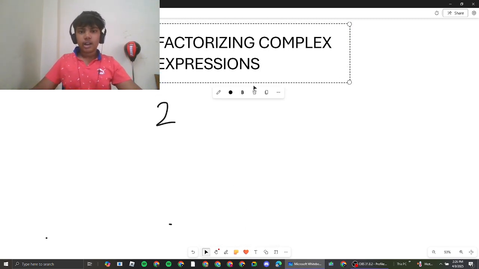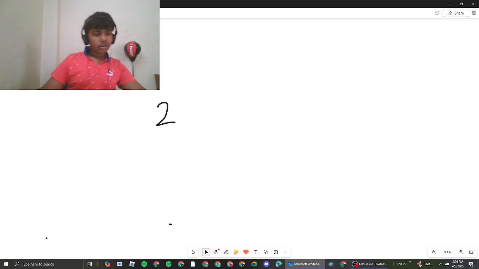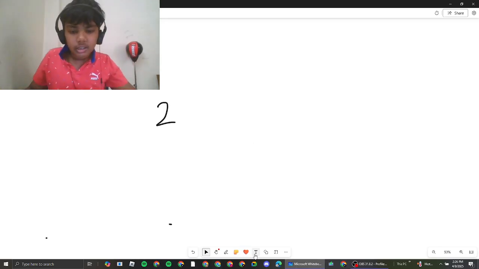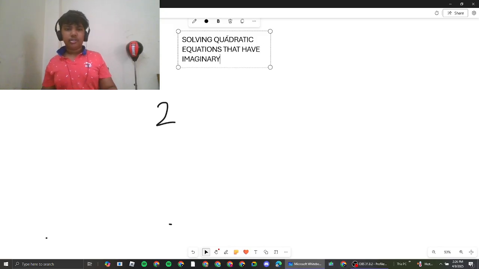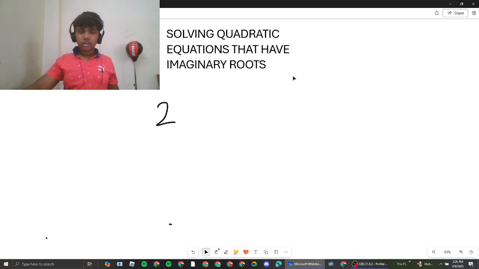We're gonna continue factorization because there are some new ones, but they're simple because you have to use the previous knowledge. But for now, I want to use solving quadratic equations that have imaginary roots. Roots mean the solution.